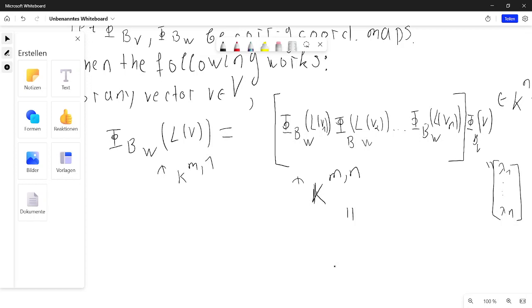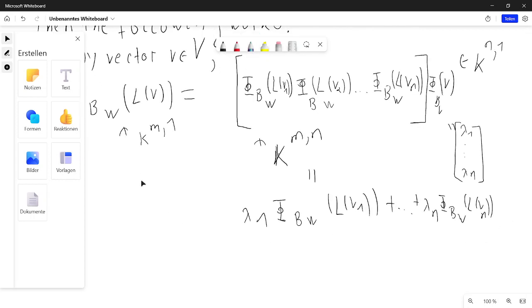Yesterday we had a more intuitive approach, but now a formal approach. You just multiply this matrix by this coordinate vector. Yesterday I told you that it is just like a scalar product as if those were scalar entries. You carry out the matrix multiplication and see that it is indeed the case: lambda 1 L(v1) plus up to lambda n L(vn).